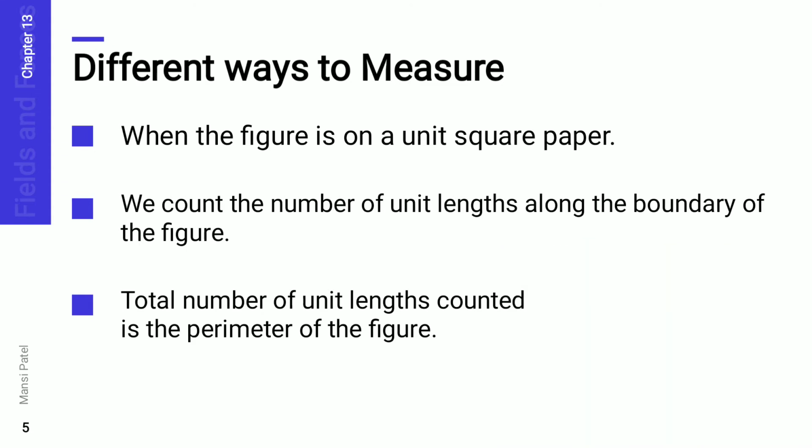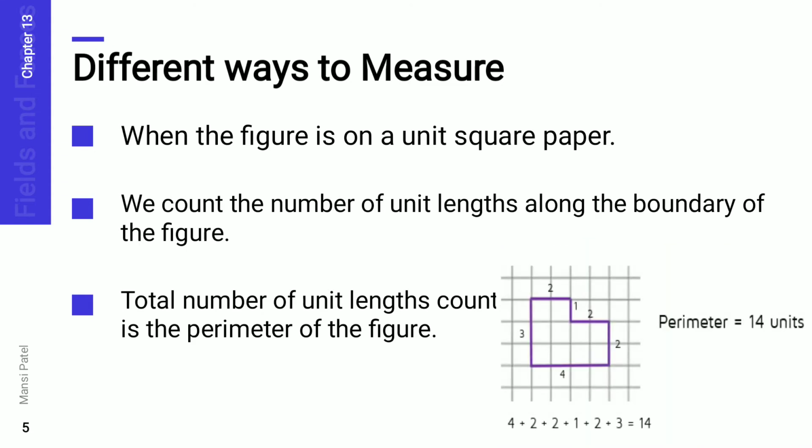Another one. See here, if this figure is made on this type of unit square paper, then again you have to add all the numbers: 4 plus 2 plus 2 plus 1 plus 2 plus 3, which is equal to 14 units.